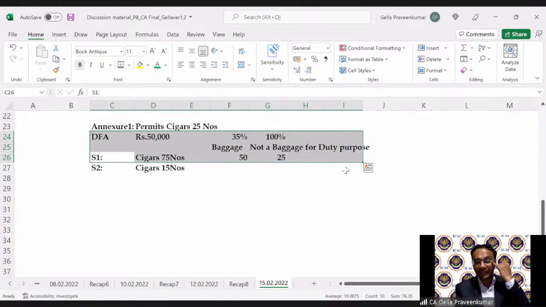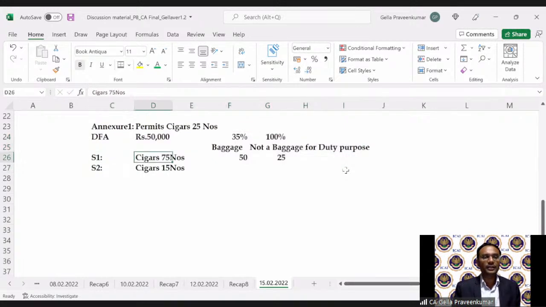Exceeding that Annexure 1, I cannot call that as a baggage for the purpose of duty free. So here, this 50 numbers, I can continue to enjoy benefit of baggage up to 35%. If it is more than this, sorry, cigars exceeding 25.